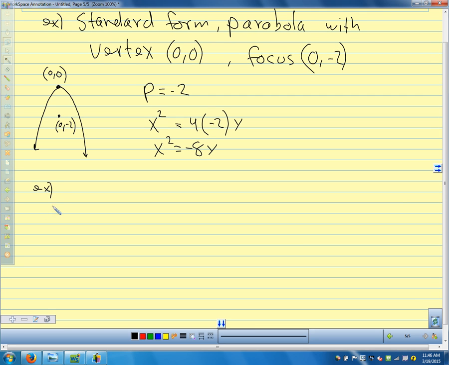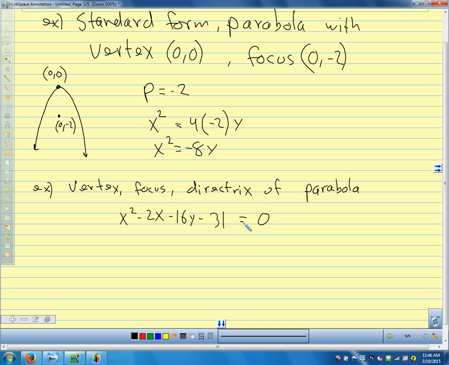All right, let's look at another one. We want the vertex, the focus and the directrix of the parabola x squared minus 2x minus 16y minus 31 equals 0.